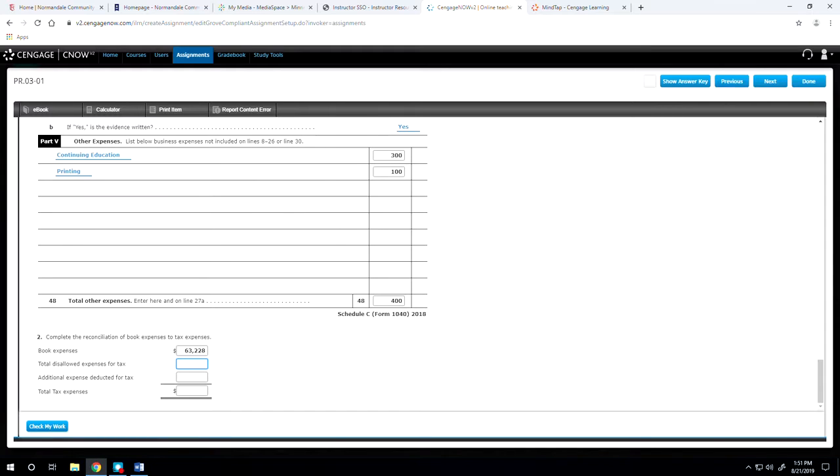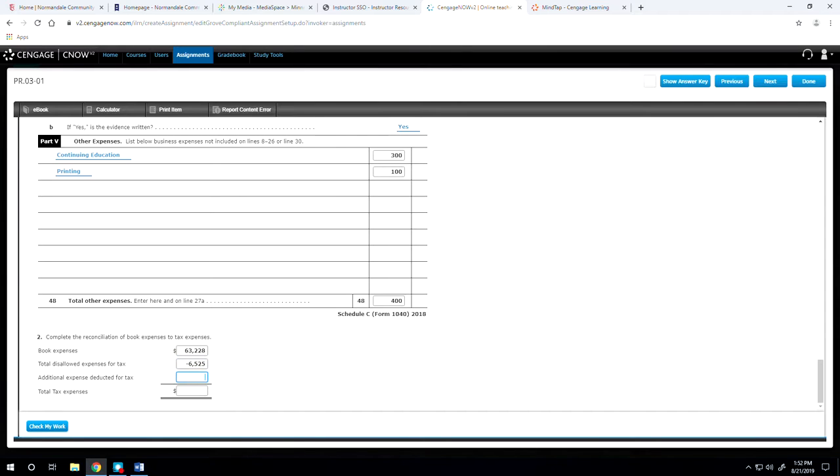And then we have one more thing. Remember when you looked at the meals, $5,500, remember how we were only able to deduct half of it? Well, the other half is non-deductible. So if we take half of $5,500, which is $2,750, and then we add the $3,500 for dues and subscriptions, and then we add those charitable contributions, which were really political contributions of $275, we get $6,525.